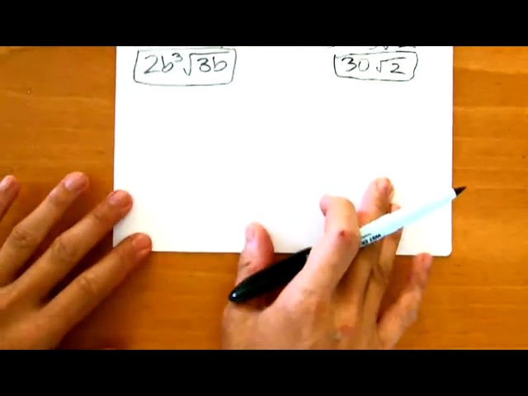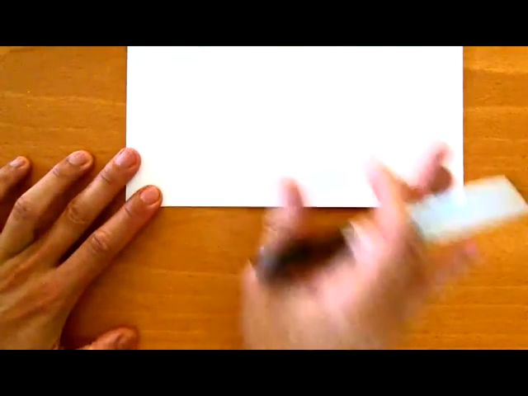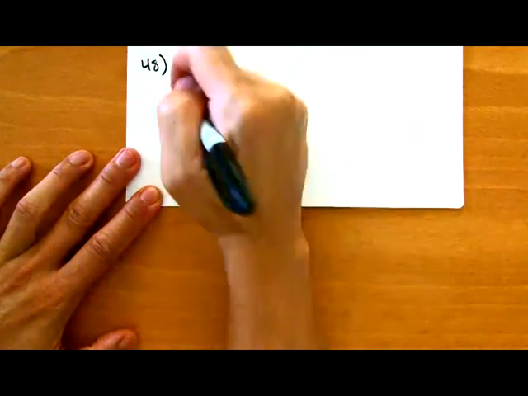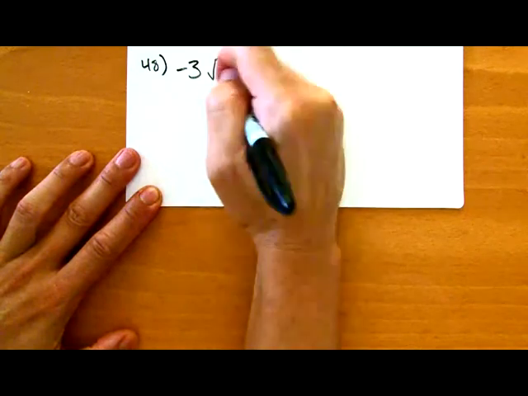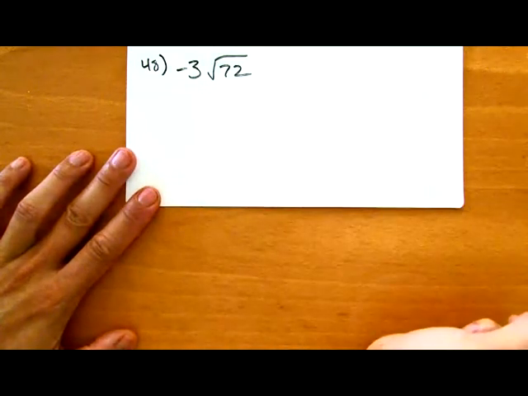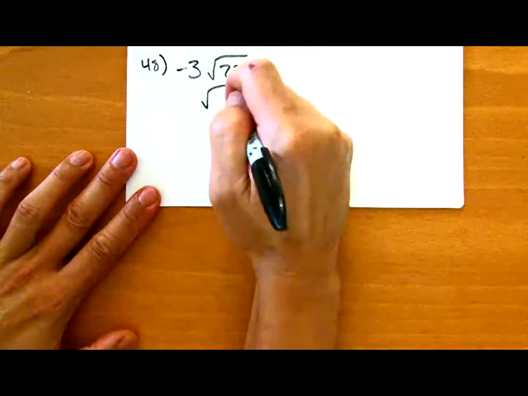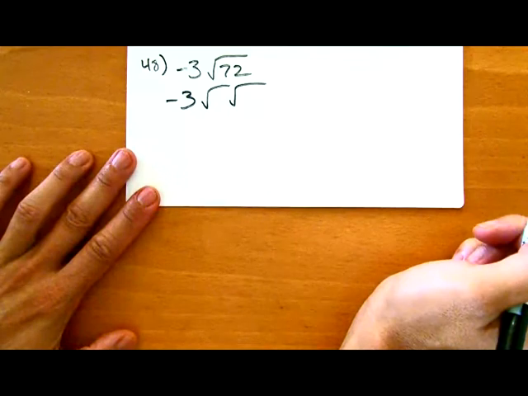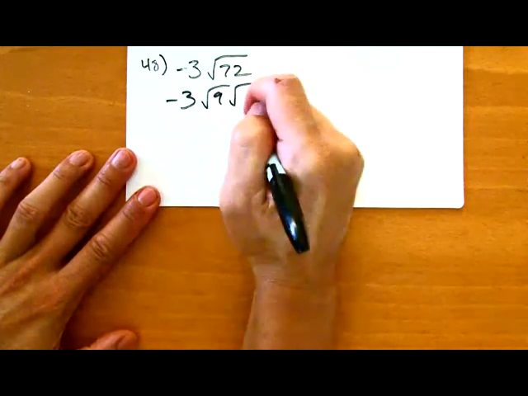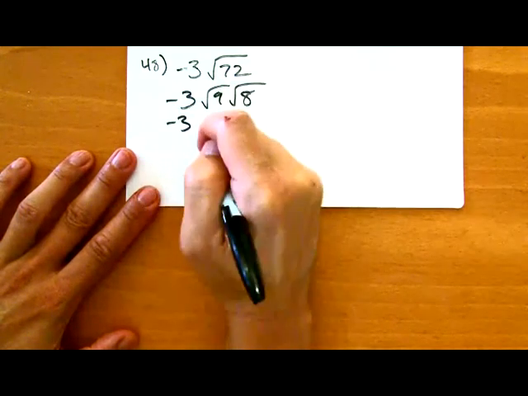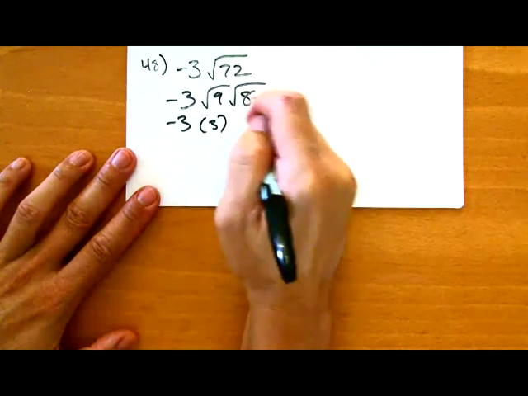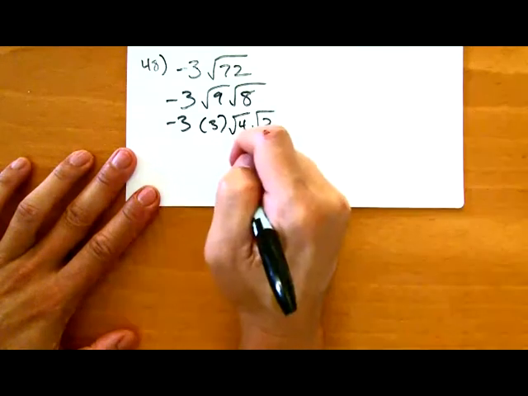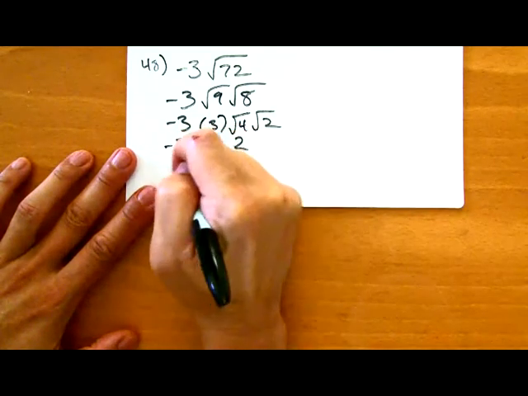Number 48 says negative 3 radical 72. We need to split it up into factors. 9 and 8. All right, that's fine. This is negative 3. That's a 3. Can we go further with the 8? 4 and 2. 2 times 3, negative 3.